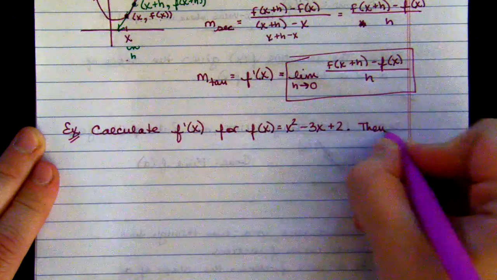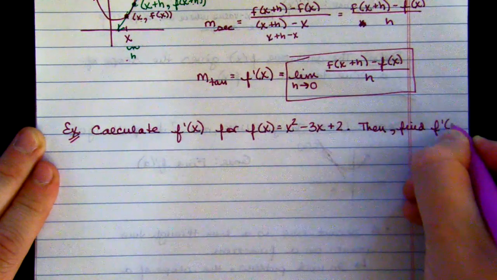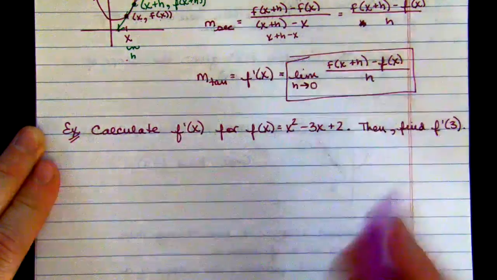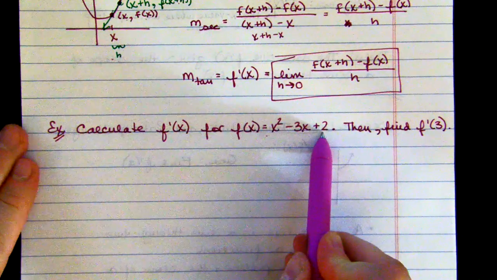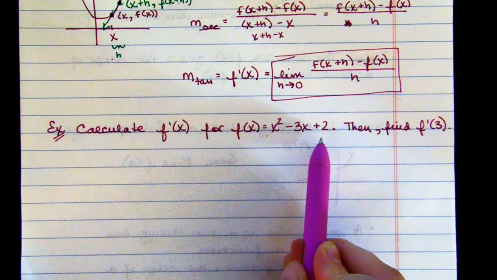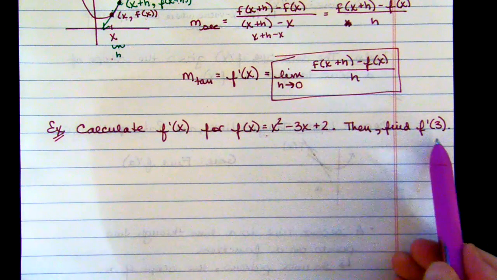When we're done, we're going to find f prime of 3. So I want to first find f prime of x, a formula that would let me find the slope of this parabola anywhere. Specifically, I do want to focus on x equals 3. I want to find the slope of that parabola when x equals 3.